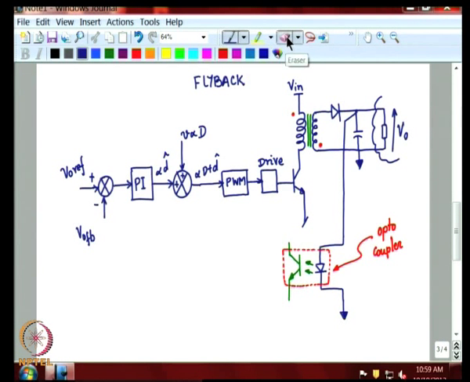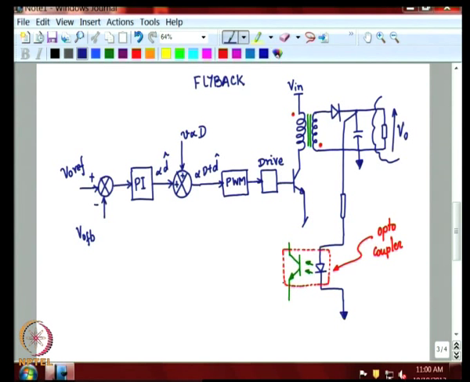Now, considering this kind of an opto coupler connected in this fashion, we shall introduce one more component here. Instead of connecting the voltage directly through to the opto coupler, we normally would like to protect it, allow only predefined amount of current to flow through the opto coupler. So, you need to have a resistance and allow only that much opto current for which it is rated.